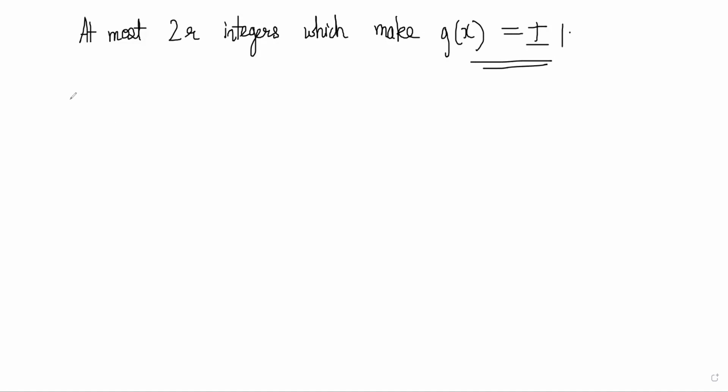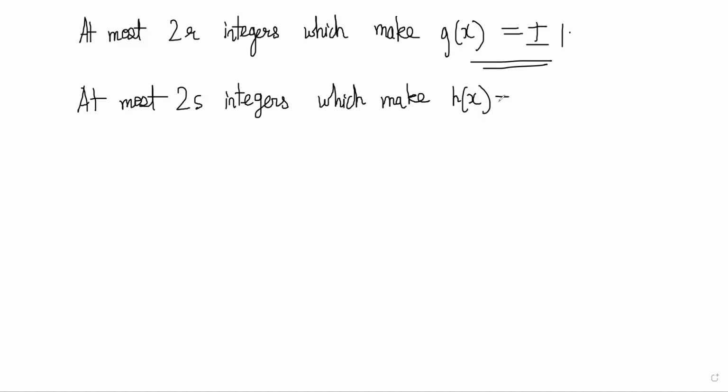With the exact same argument, we can say that there are at most 2s integers which make h of x equal to ±1, right? Now think about the condition that we have.